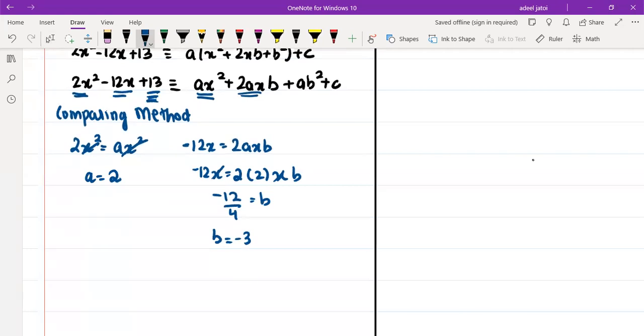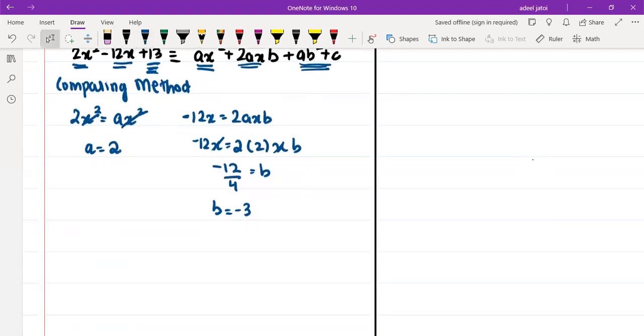Similarly, we have a constant which is 13. And we see that ab² plus c is constant here because it does not carry x² or it does not carry x. So considering 13 is equal to ab² plus c, your a value was taken out as 2, whereas your b value is taken out as minus 3.